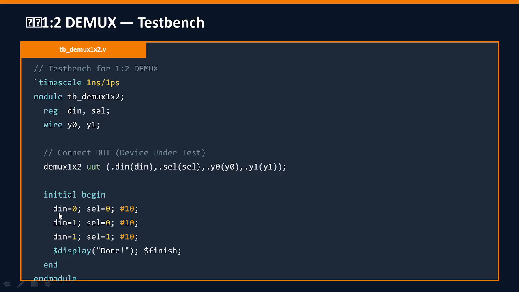Because if d in is turned off, then the select line has no control over the output. You are not generating anything here. You are generating d in as 0, so you are not going to pass anything to the output. Just to keep the code short, we have done it like this. If you are confused, you can write that other test case also, d in equal to 0 and select line equal to 0. Just to keep the code short, we have implemented it like this.